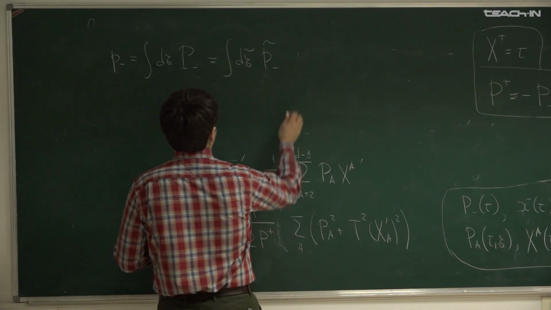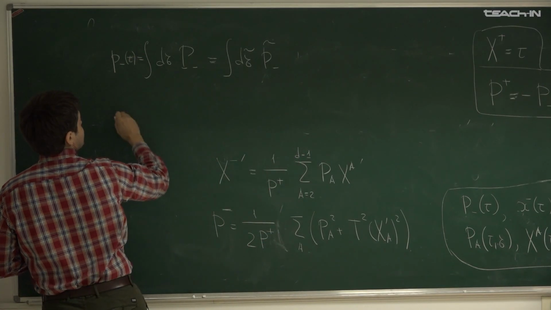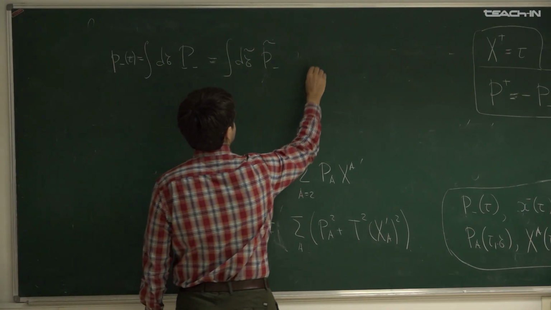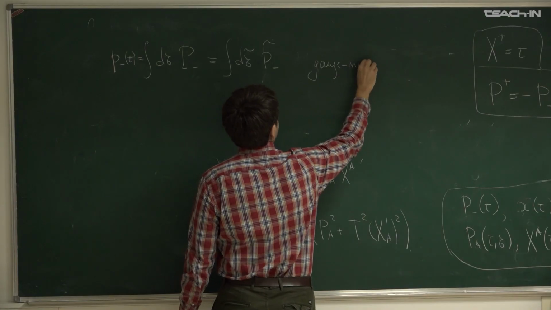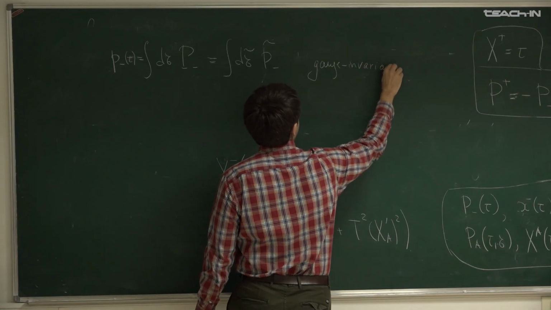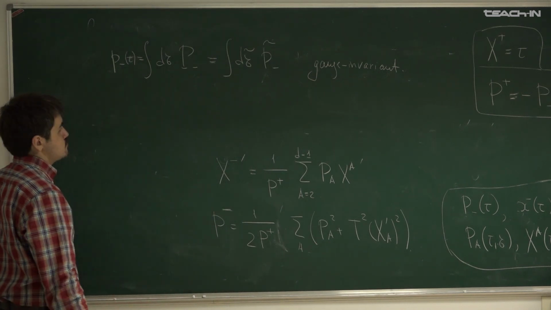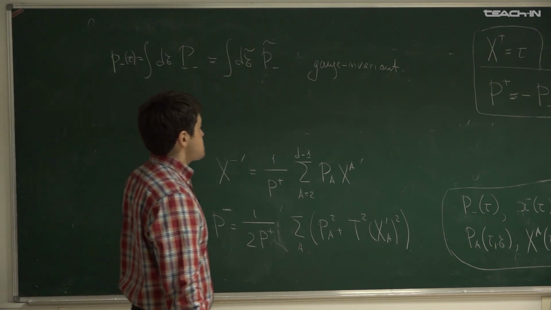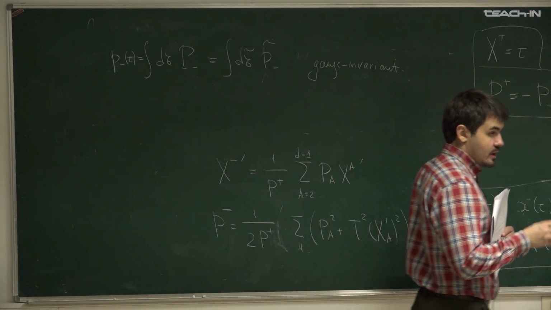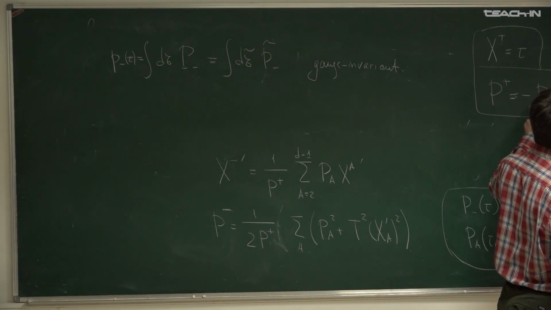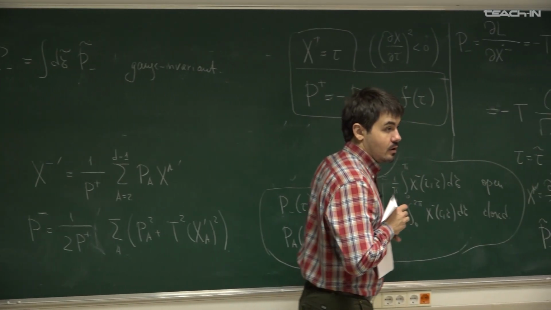So this is p minus of tau. So this is gauge invariant. So there is one function of time that we cannot fully fix, which is why we can set p minus to some function of tau, right?